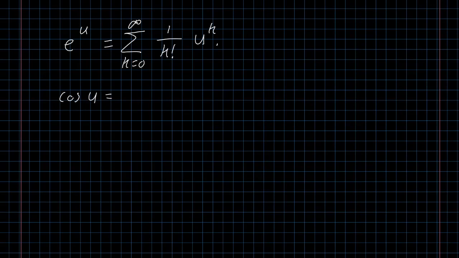The power series for cosine of u is the sum, k goes from 0 to infinity, of -1 to the k power divided by 2k factorial times u to the 2k power.